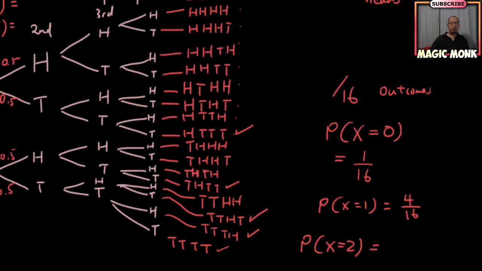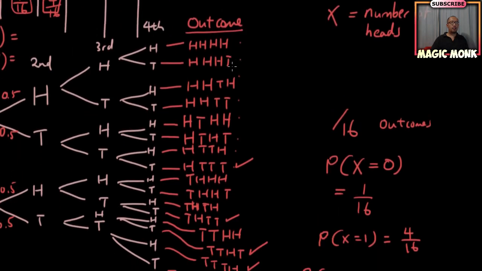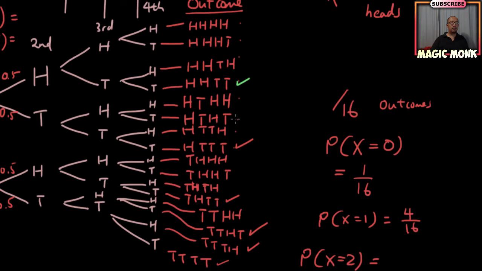So the chance of getting 2 heads, you go through this and you see how many of them have two heads. So you go 1, 2, 3, 4, 5, 6. 6 of them have two heads.